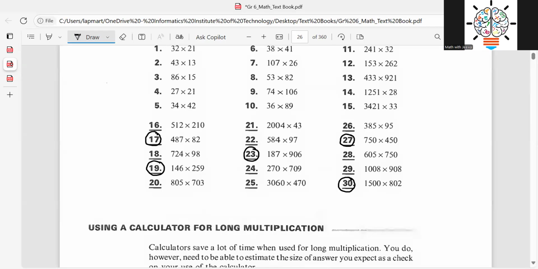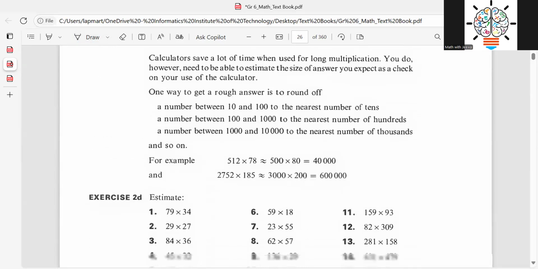These are the 5 sums you want to do. 17, 19, 23, 27, 30. Right? These will be your homework.